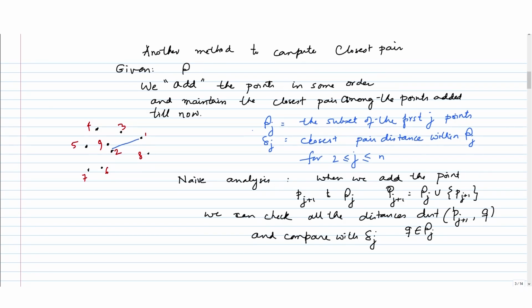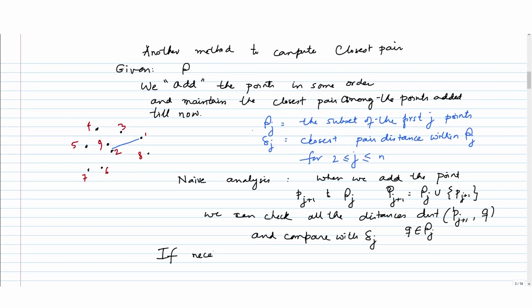Whatever was the closest pair distance till now, the new point comes in and we look at all the pairwise distances and we check if delta j needs updating.